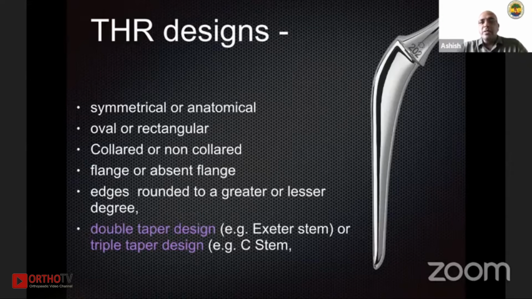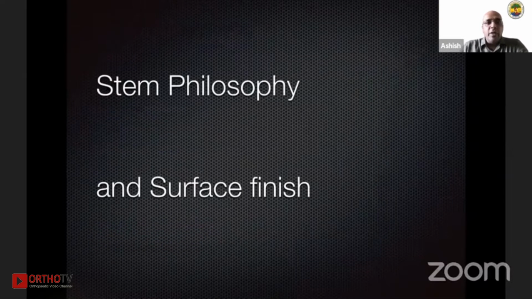Now, what are the differences in them? When you look at the joint registry data, most of these stems have performed very well. But it is only the subtle changes in the design which lead to a catastrophic failure. Also, these stems have to be used with a particular philosophy. And when you marry that philosophy with the particular surgical technique, then you get a decent or good outcome.